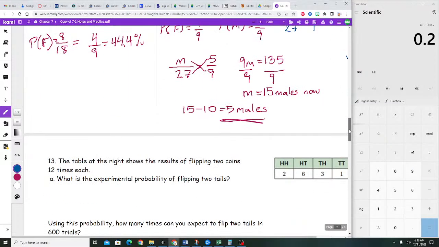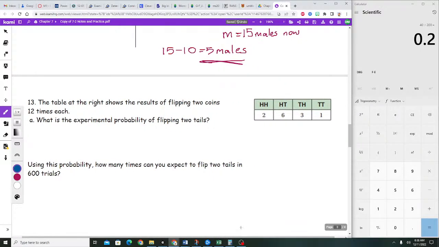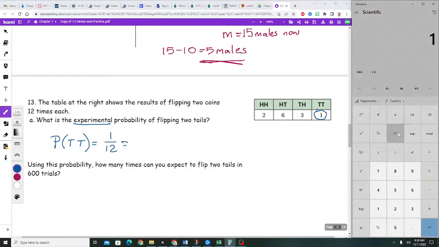Okay. The table at the right shows the results of flipping 2 coins 12 times each. What's the experimental probability of flipping 2 tails? 2 tails happens once out of 12. So the probability of TT is once out of 12, which is 8.3%.